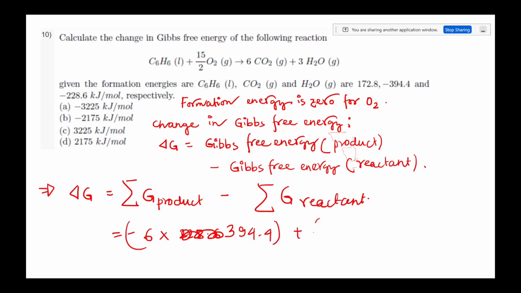For 3 H2O, that will be 3 times minus 228.6, and then minus 172.8 for C6H6, and plus 15 by 2 moles of oxygen, that is 0.